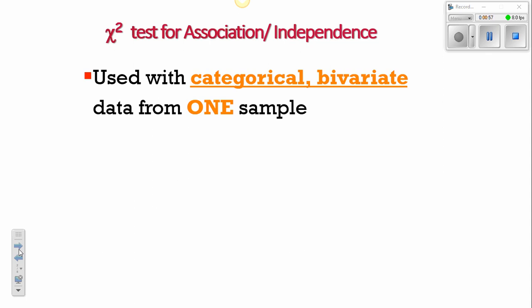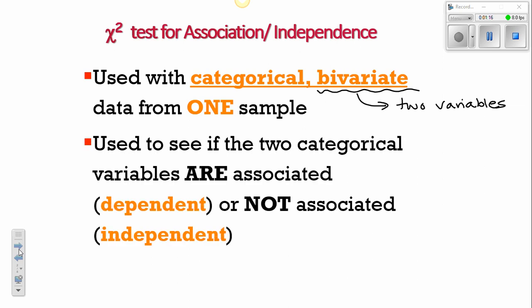This time we're going to have two categorical variables, which is this word bivariate. So bivariate is talking about two variables. If you have two variables and they're both categorical, we're still going to be able to construct a two-way table, but it's only from one sample instead of multiple samples. We're going to see with this test if we have evidence to say that these variables are associated or if they're not associated.